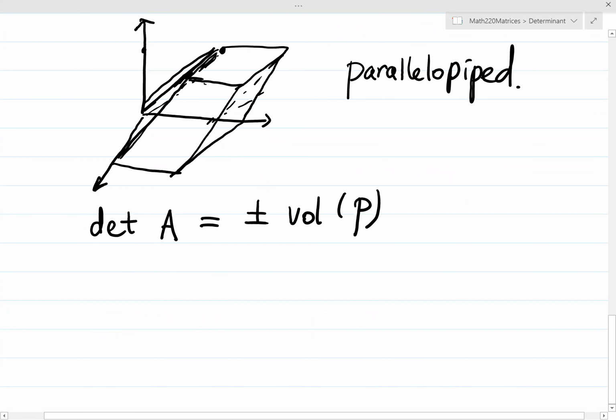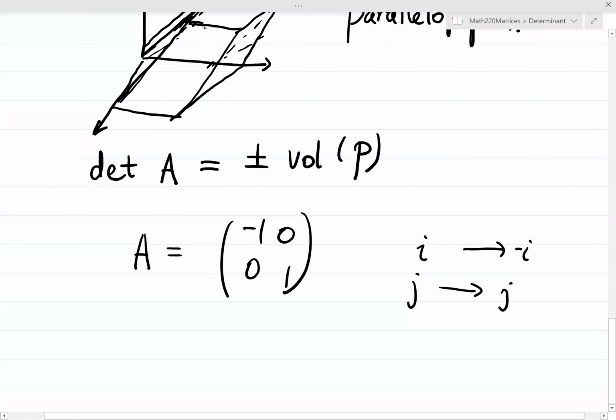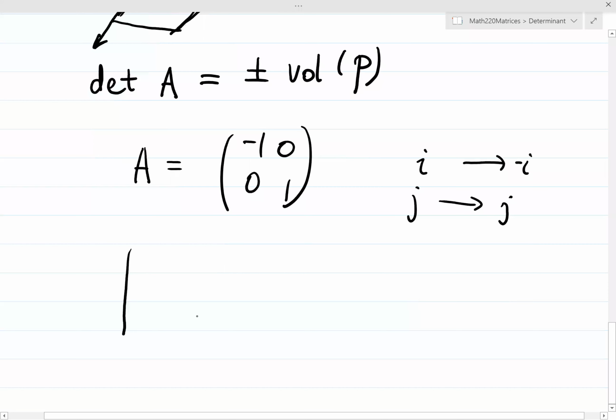For instance, A is: X goes to negative X, Y goes to Y. So what this matrix A does is I goes to negative I, and J goes to J. So if you have a square XY, now it will flip.